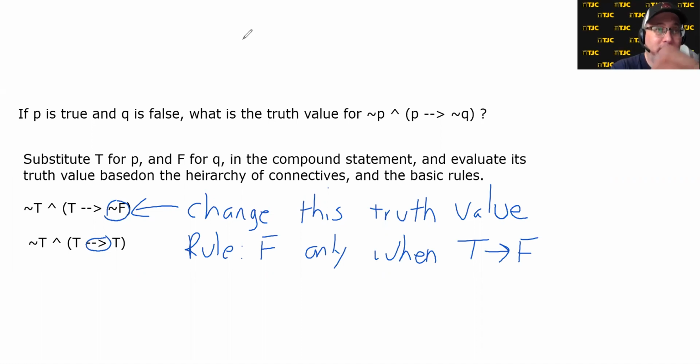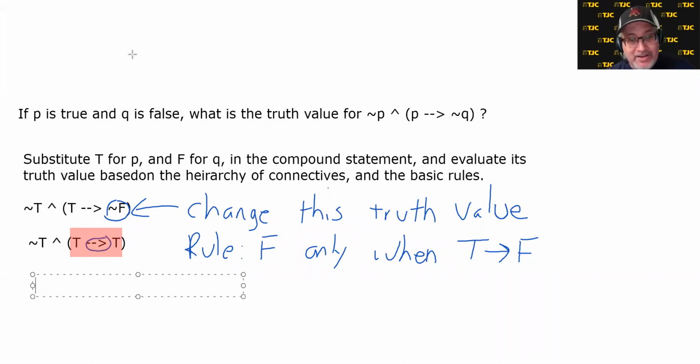We do not. That means that when we evaluate this, according to the rule, that will be true. So now we're at negation T, and the parentheses evaluates to true.